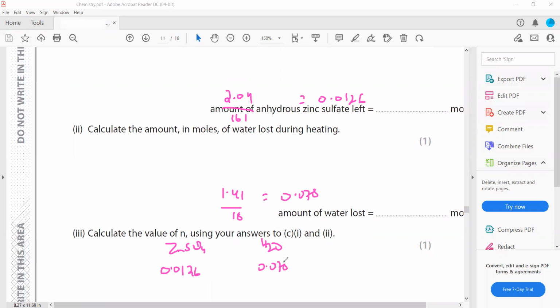We'll divide by the smallest value, 0.0126, to get the ratio between them. 0.078 divided by 0.0126 is about 6.1, so it is about 6 because it should be a whole number. So 1:6. So the formula here is ZnSO4·6H2O: 6 water molecules and 1 molecule of zinc sulfate.